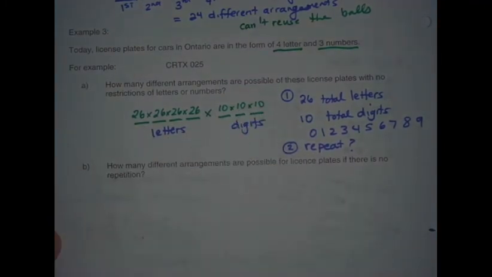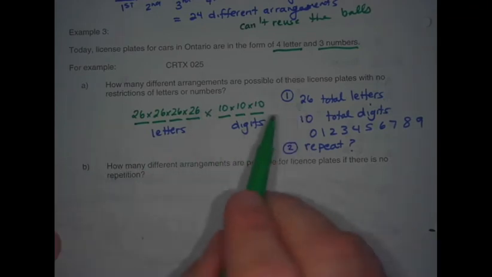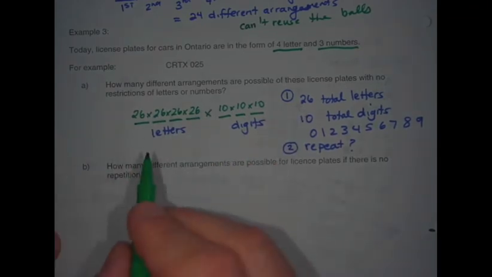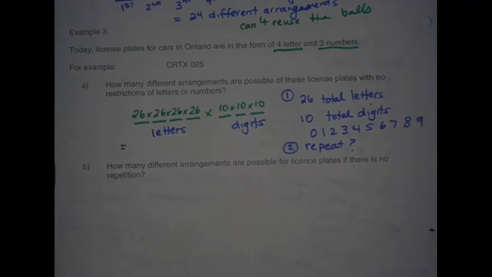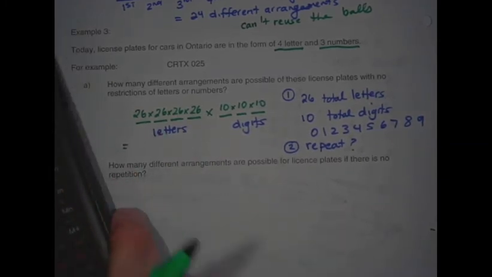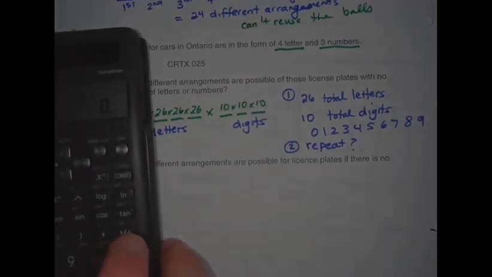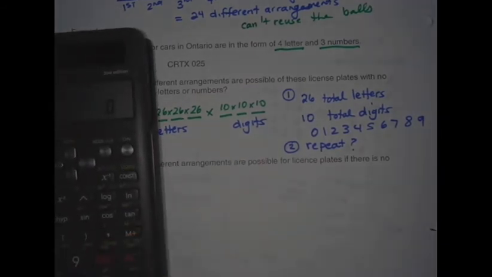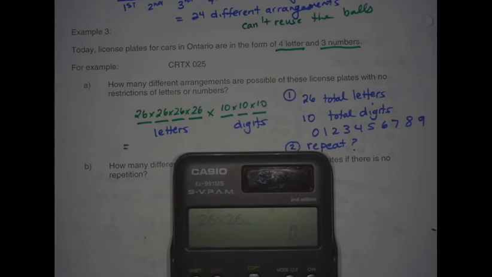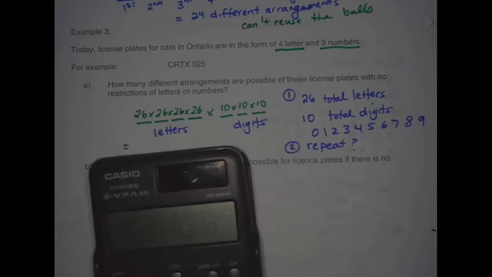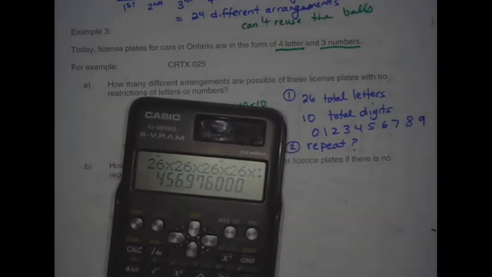This shows my communication. So this layout tells me all of the information I have. And then, in the end, I can just go to my calculator. And we know that using our calculator, there are different ways of putting that in. So I can go on my calculator, I can go 26 times 26 times 26 times 26 times 10 times 10 times 10. And of course, that's going to be a lot of license plates.